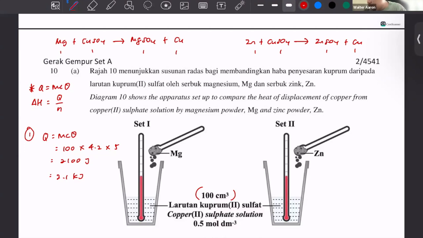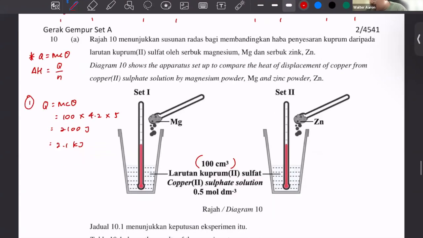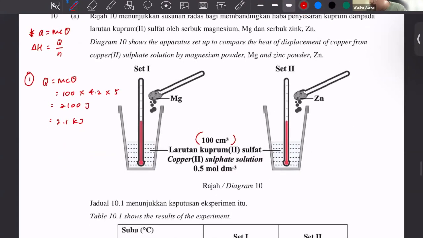So all 1-to-1 ratio. Now we can calculate the number of moles of magnesium that displaces the copper. The number of moles of copper ions will be based on the concentration of copper 2 sulfate. So n, the number of moles of copper ions, we can get using MV over 1000 because it is a solution.